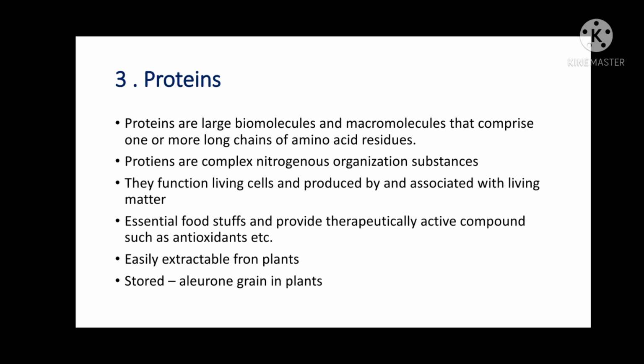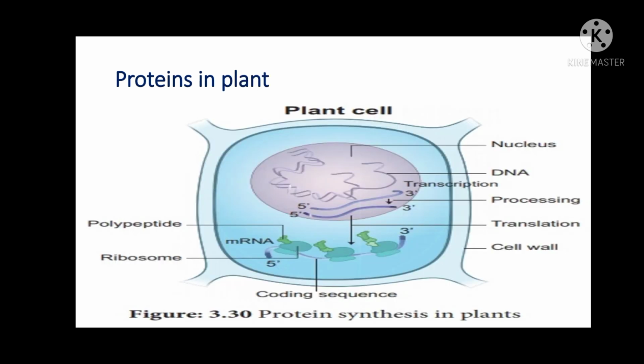They function in living cells and are produced by and associated with living matter, are essential foodstuffs, and provide therapeutically active compounds such as antioxidants, etc. Easily extractable from plants. Stored in grain in plants.